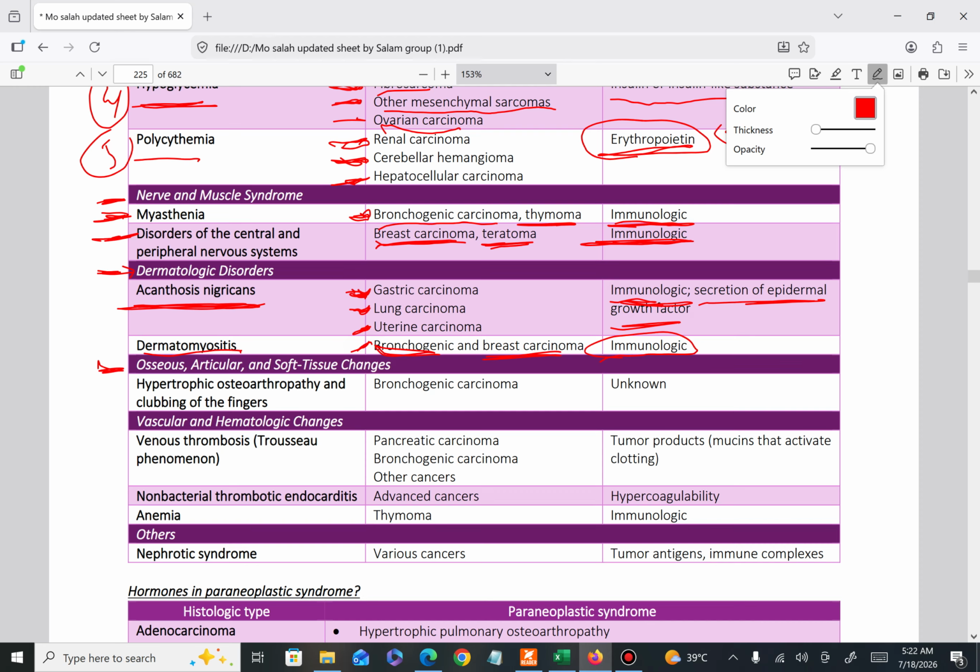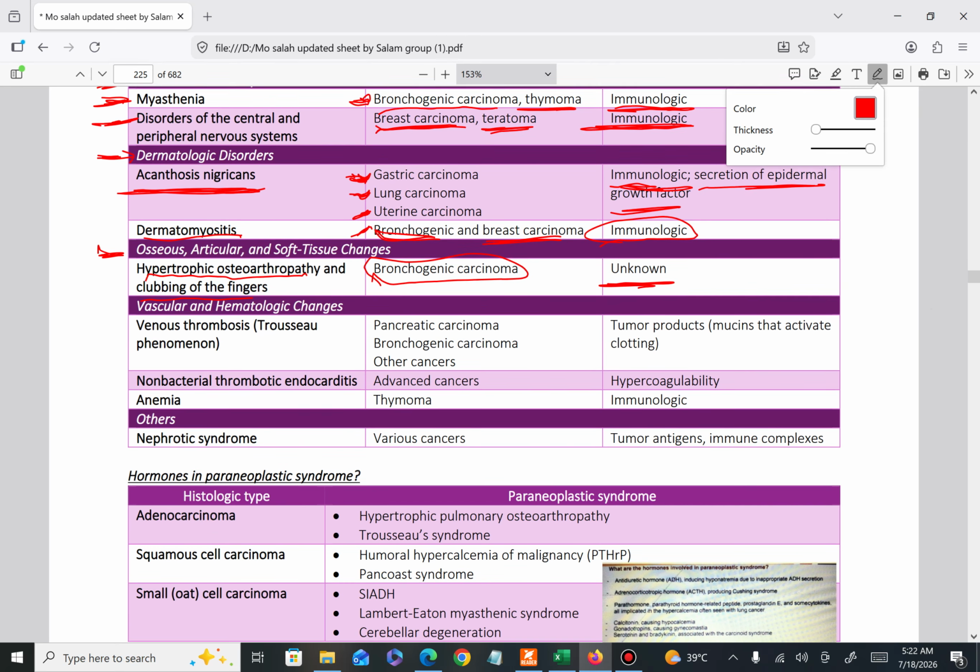Then the osseous, articular, and soft tissue changes: hypertrophic osteoarthropathy and clubbing of the fingers. These are associated with bronchogenic carcinoma of the lung, and the mechanism is not known. Then the vascular and hematological changes like venous thrombosis, Trousseau phenomena, non-bacterial thrombotic endocarditis, and anemia.